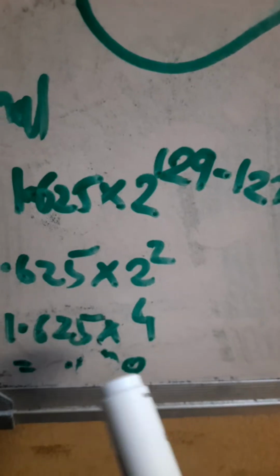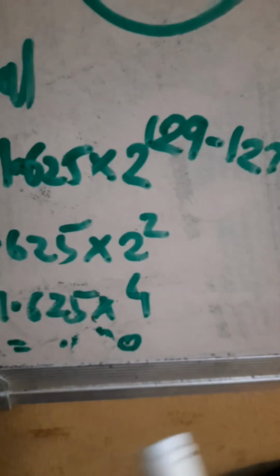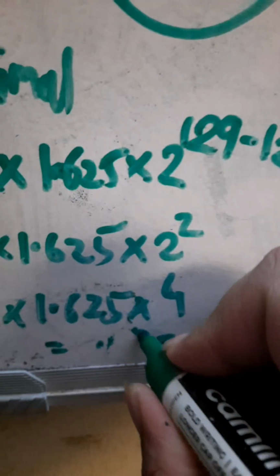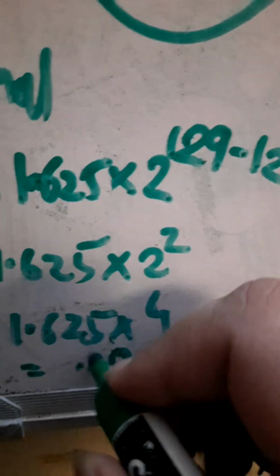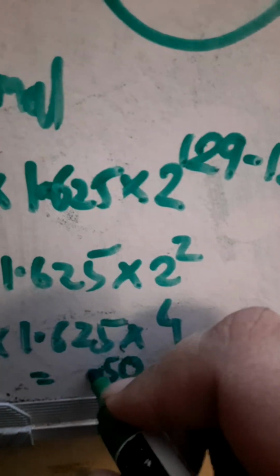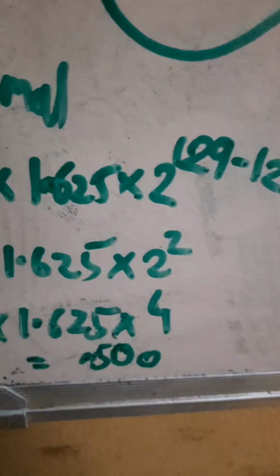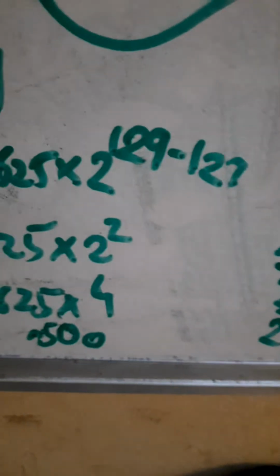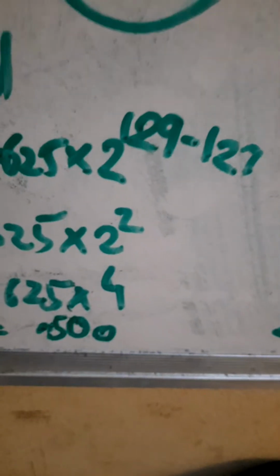4 5s are 20. 0. 2 remains. 4 2s are 8, 8 2 10. 1. 4 6s are 24. 1. 25. 5. 0.5 is okay. Now, 2. 4 1s are 4.